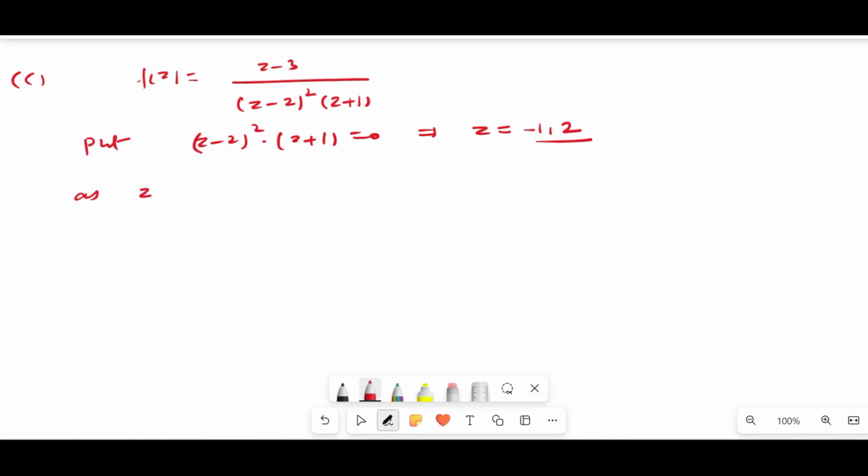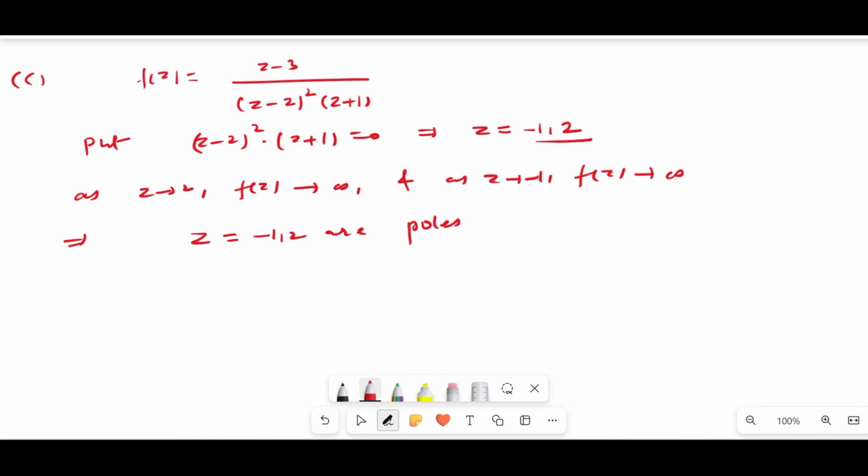So as z tends to 2, f of z tends to infinity, and as z tends to negative 1, f of z tends to infinity. It implies the values of z, that is negative 1 and 2, are poles of the complex valued function f of z.